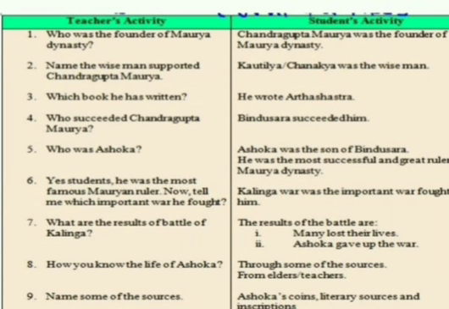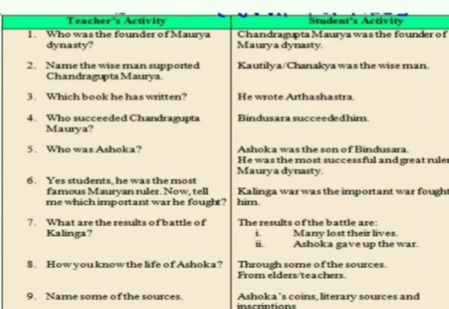You can show a movie clip or a documentary clip, and start. Here are a few questions. While showing a PPT, documentary, or movie, you can ask questions. Who was the founder of the Maurya dynasty?